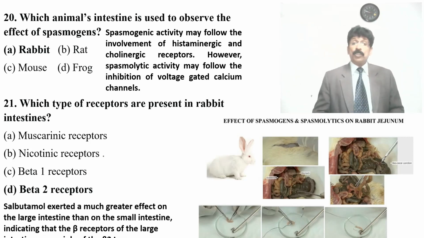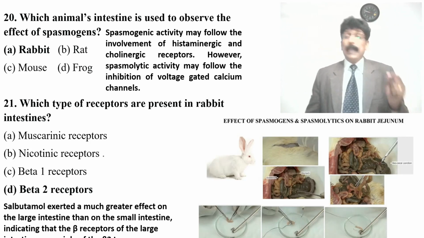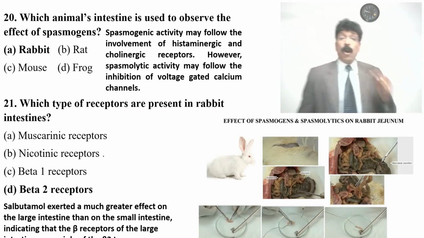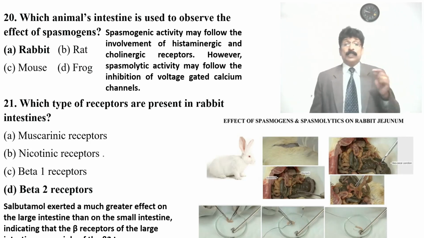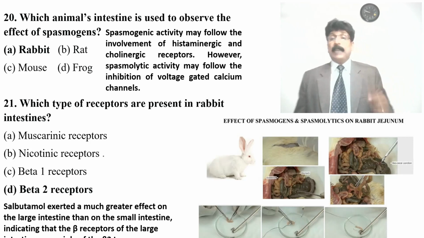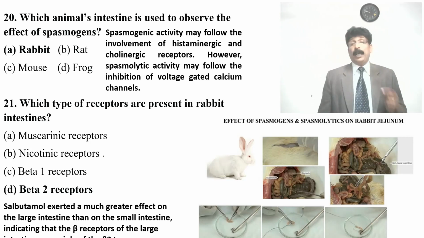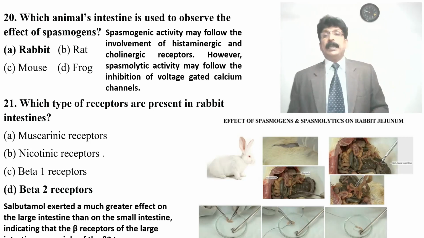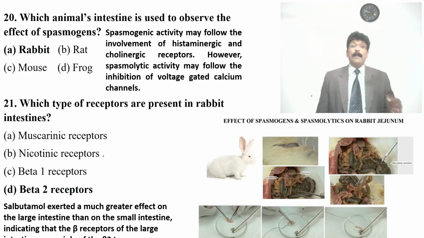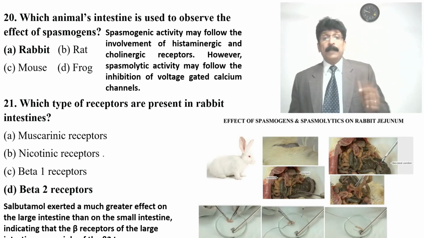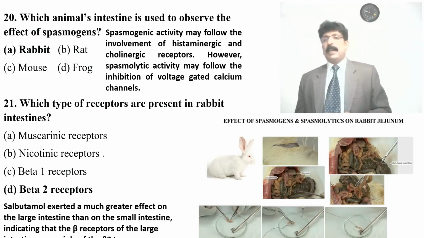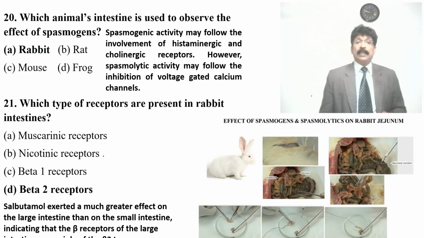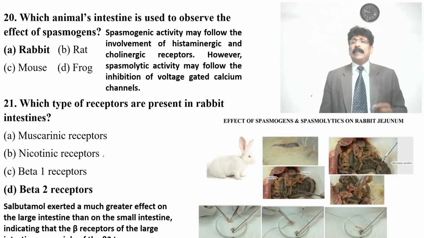Salbutamol exerts a much greater effect on the large intestine than on the small intestine, which indicates that the beta receptors of the large intestine are mainly of beta 2 type. In rabbit, beta 2 receptors have been identified in the intestine. So that is the answer. The exact answer should be selected if there is a fourth choice given.